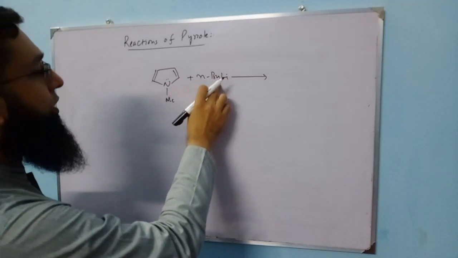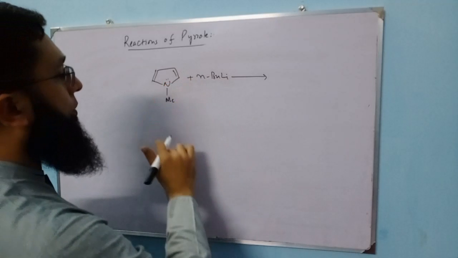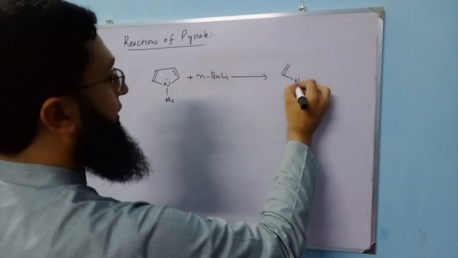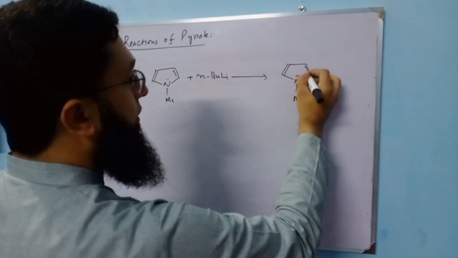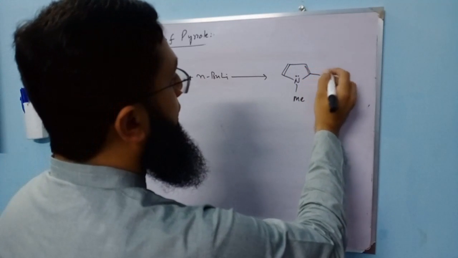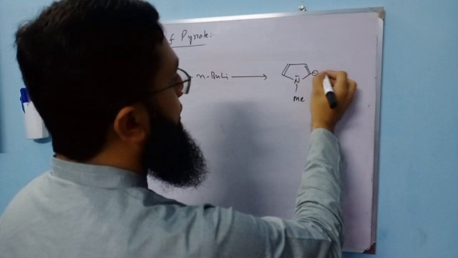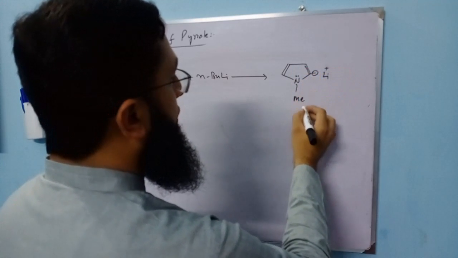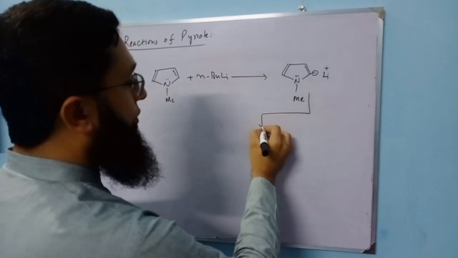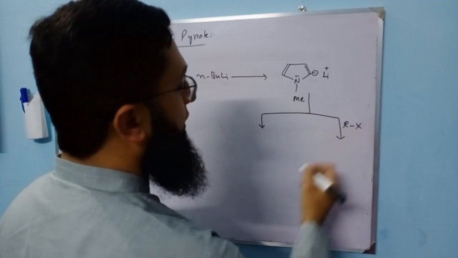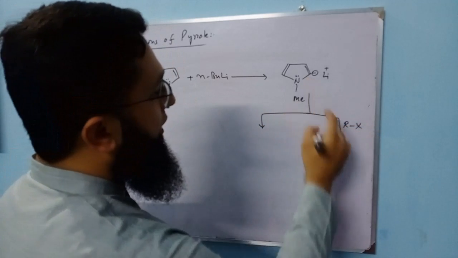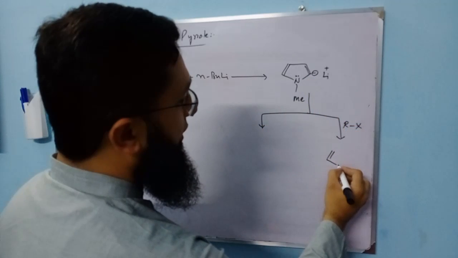Therefore when we use n-butyl lithium, now the proton from carbon 2 would be abstracted. So here Li, or we can show negative charge here, positive here. Now this has the possibility to react with different electrophiles. For example, if we use an alkyl halide, alkylation would take place at this position.